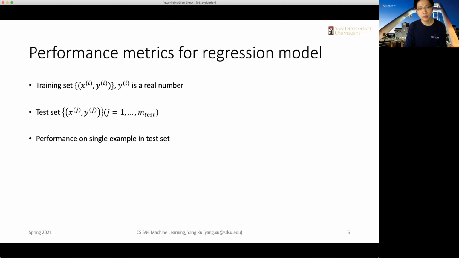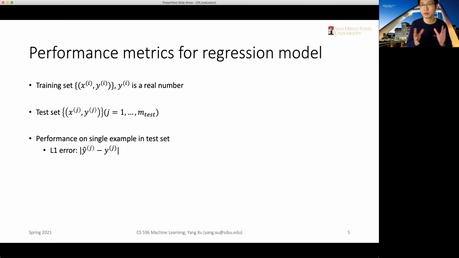If we are interested in the performance of the model on one single example, we can use the L1 error, which is the absolute difference between the predicted value y hat and y.